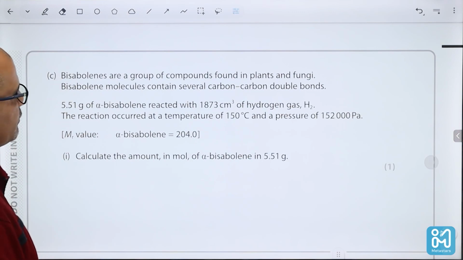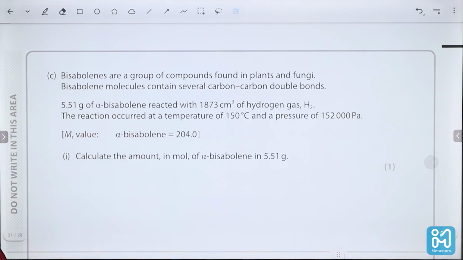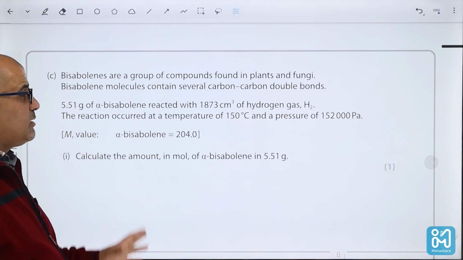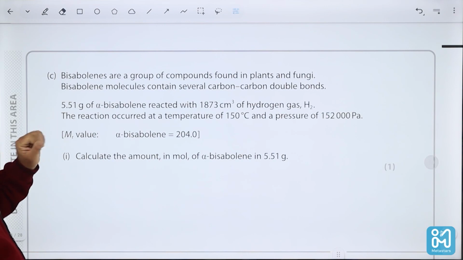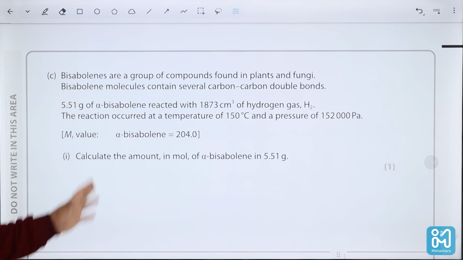Now, bisabolenes are a group of compounds found in plants and fungi. Bisabolene molecules contain several carbon-carbon double bonds. 5.51 grams of alpha-bisabolene reacted with 1873 cubic centimeters of hydrogen gas. That's the volume of the hydrogen gas.